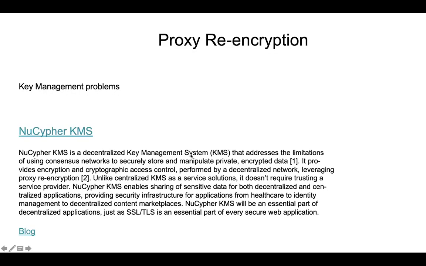The second technique I want to talk about is proxy re-encryption. And I came across this via the company NewCipher and their key management system. I found this useful when I was working on a particular blockchain system, and it was a way of handling key management.